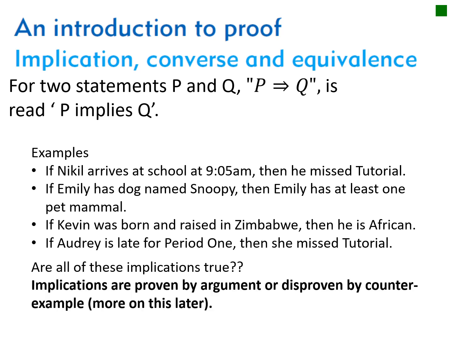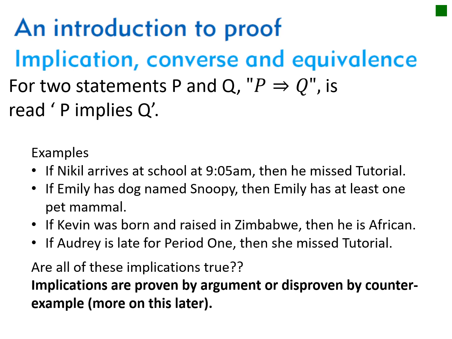Now, what we're going to do is look at implication statements and look at the structure of proof to hold them as true, or disproof when we look at counterexamples. So just going back up to the Audrey example, for instance, if Audrey is late for period 1, then she missed tutorial. Let's think of a counterexample.